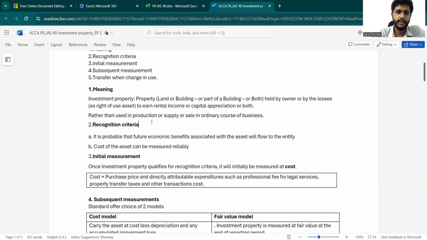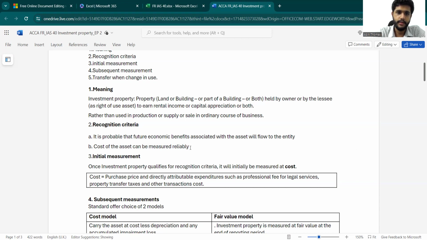And the second recognition criteria is that the cost of the asset can be reliably measured. How can we determine the cost? When an organization purchases a piece of land, they have to pay the purchase price. So this purchase price is the cost here. So the cost of the land can be reliably measured here.